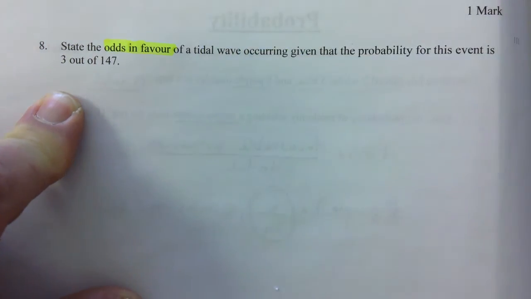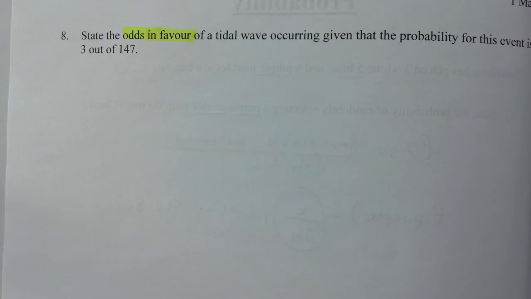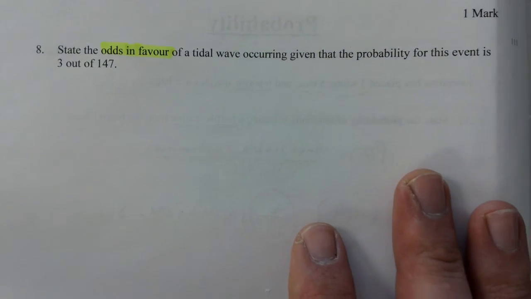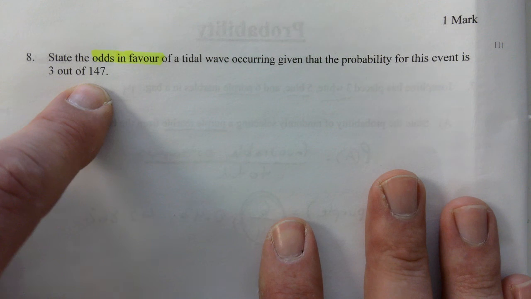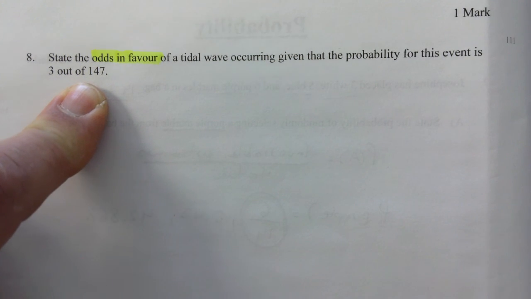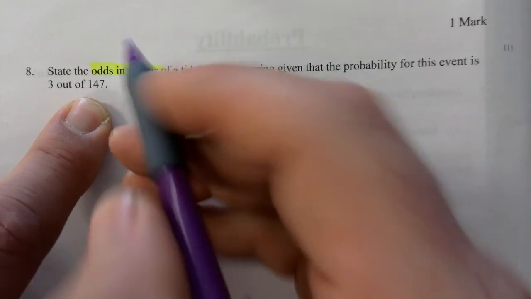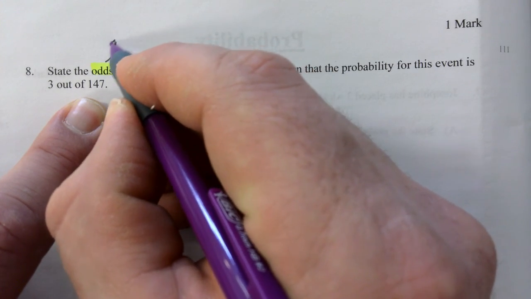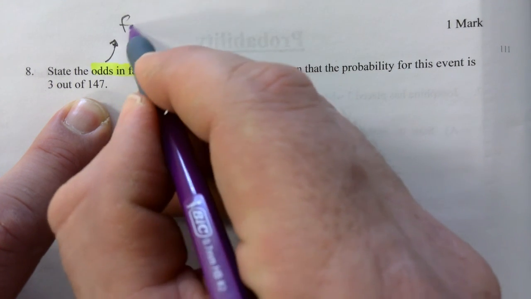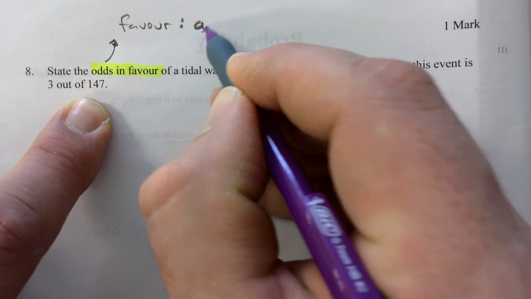State the odds in favor of a tidal wave occurring given that the probability for this event is 3 out of 147. I now forget the formula that I gave you, to be honest. But odds in favor would be favor, and then against.